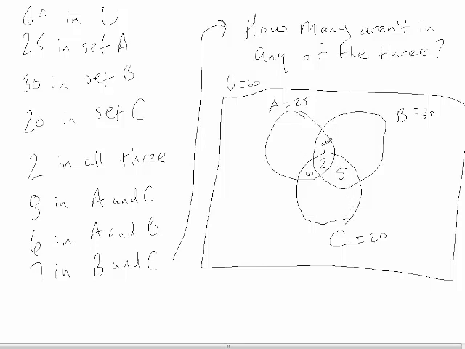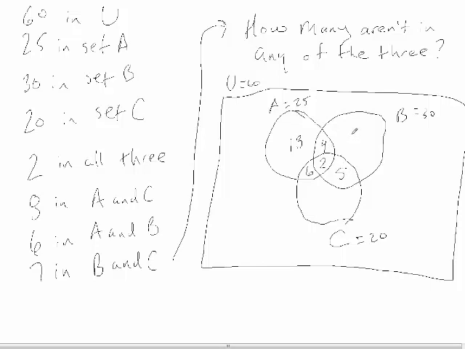And then what we can do is say, okay, if A is 25, that's this area, this area, this area, this area. So we have 12 combined here, 13 more make 25. If B equals 30, we have 4 plus 2 plus 5 plus this equals 30.